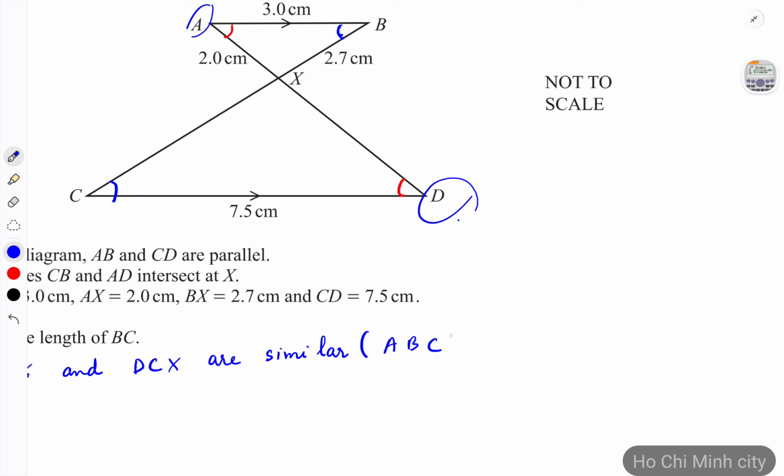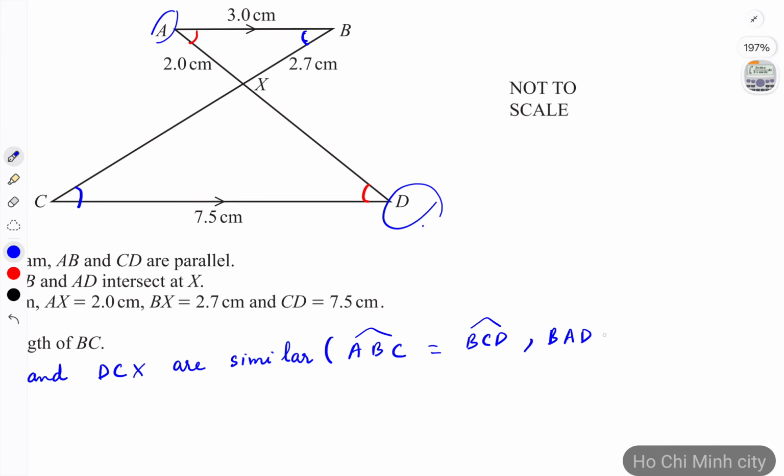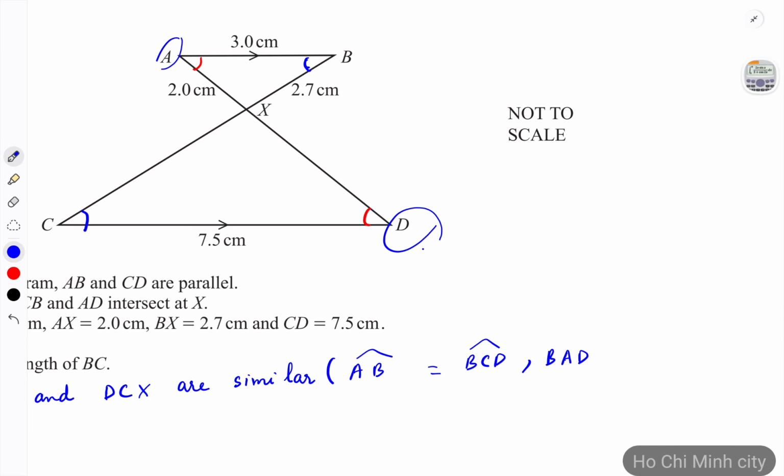ABC is equal to BCD, and BAD. All right, I think I will write it down in this form. It is going to be easier for you to understand.